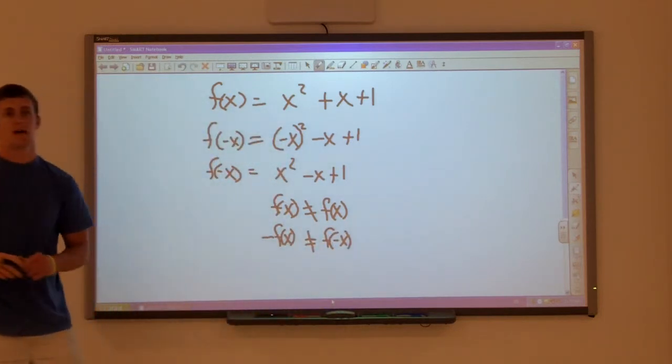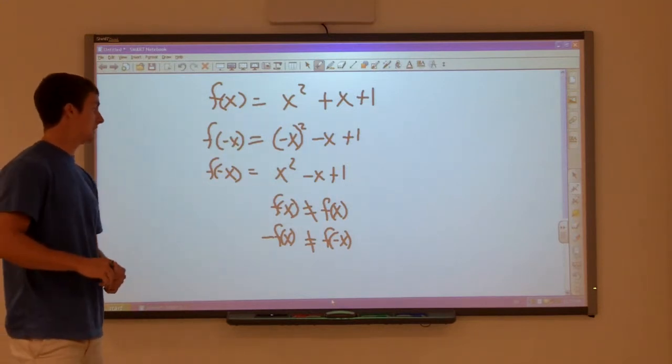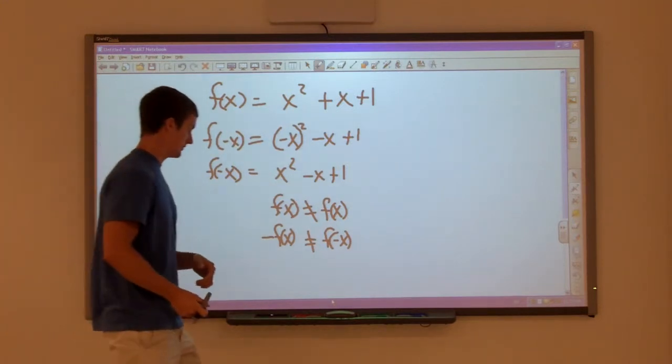So we notice that if we have an even function plus an odd function, we get neither even nor odd functions.